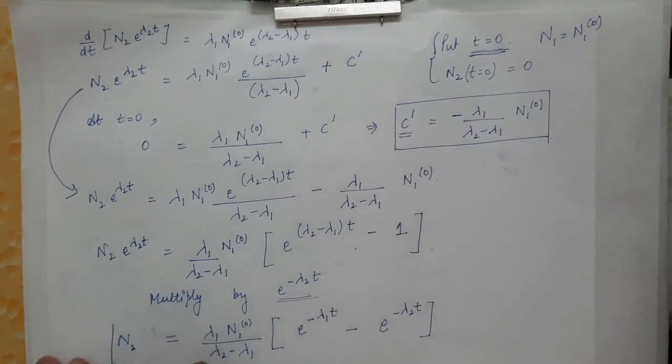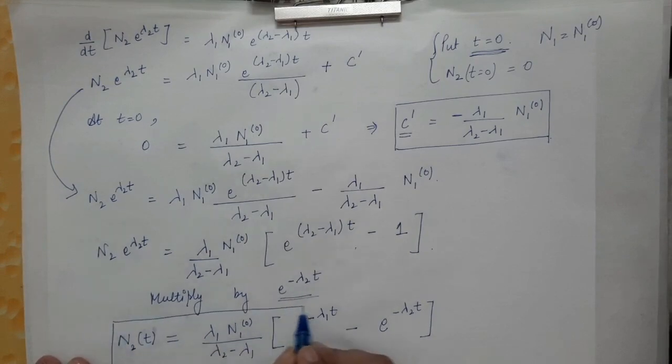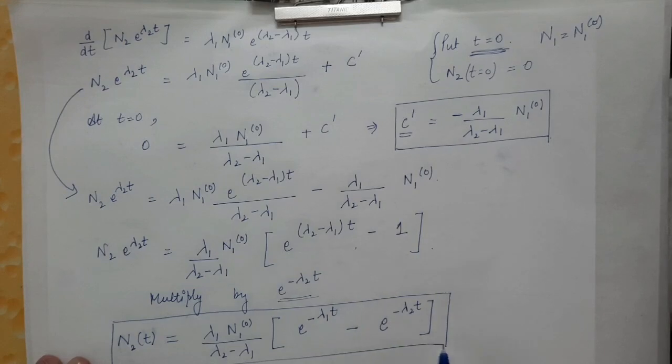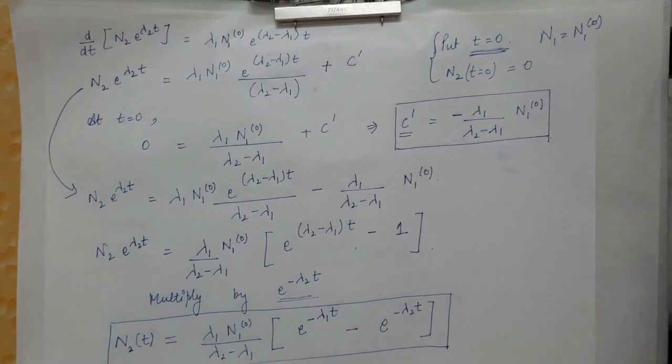So this is the expression of the number of daughter nuclides which are present in the sample at any time t, when the first daughter nuclei is not stable, it also decays, and the decay constant of the daughter nuclei is given by lambda 2, and lambda 1 is the decay constant of the parent nuclide.